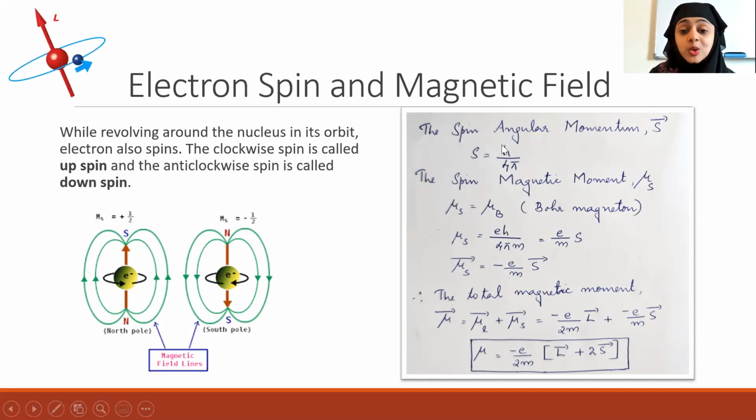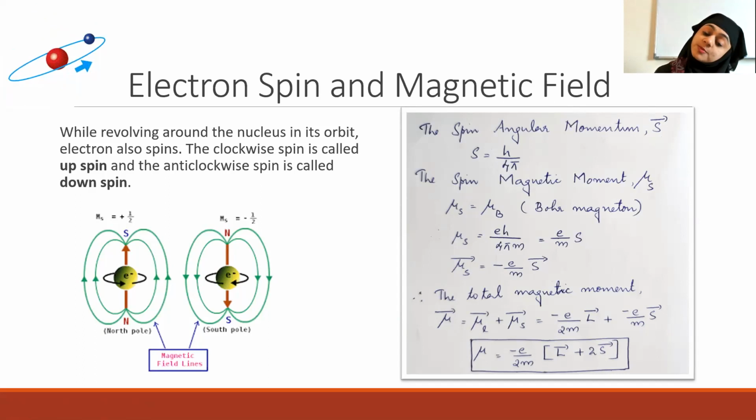And for spin angular momentum, teacher, can you repeat this topic? What? This one, electron spin and magnetic field. Can you repeat this? The electron is spinning. So whatever motion the electron has, if a charged particle is moving, it will produce a magnetic field, right? So we saw that because of the orbital motion, the revolution of an electron, it is producing a magnetic field and it has an orbital magnetic moment.